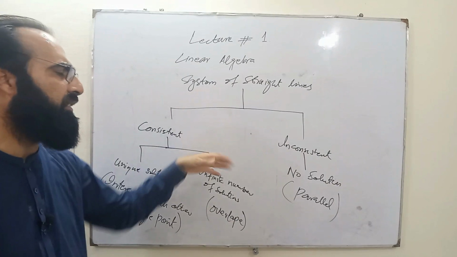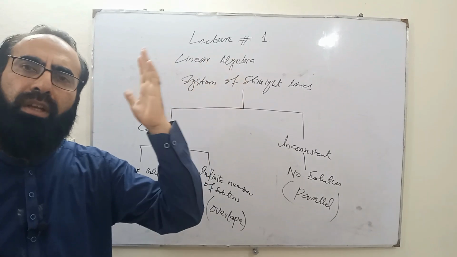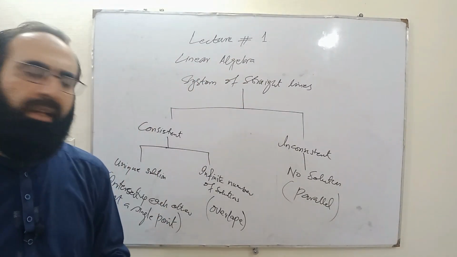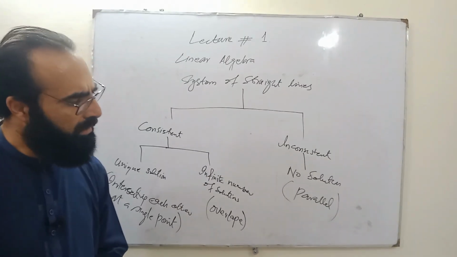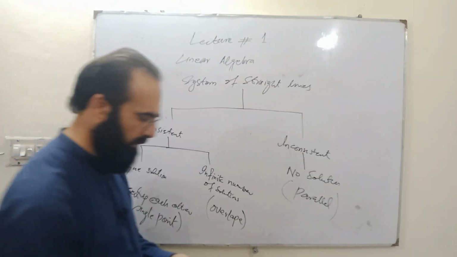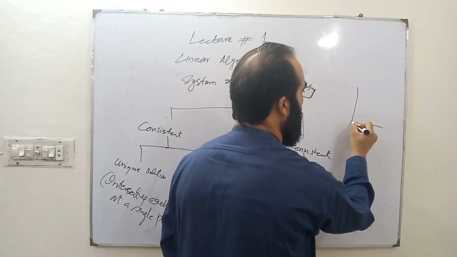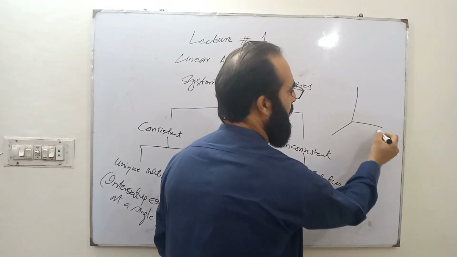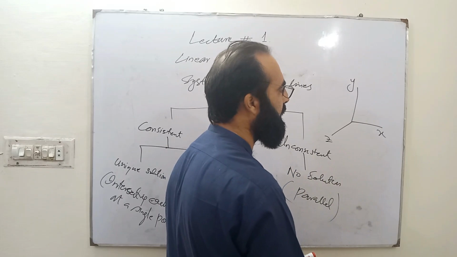You can generalize this idea from 2 straight lines to 3 straight lines, a system consisting of 4 straight lines, and so on. Think about the XYZ plane. Say this one is the X axis, this one is the Y axis, this one is the Z axis.